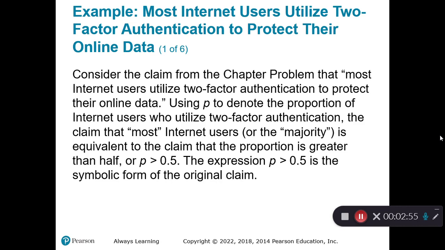So most is going to be translated as saying the proportion is greater than 50%, or in decimal form greater than 0.5. This is going to be the symbolic form of this claim that most internet users have the two-factor authentication for security.